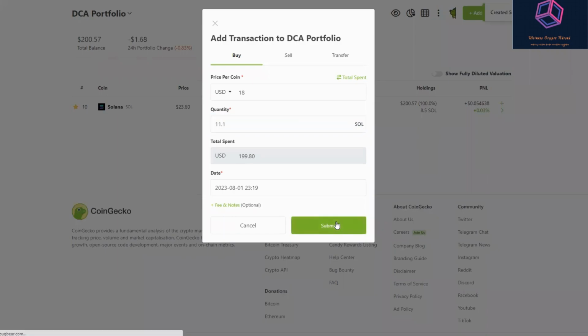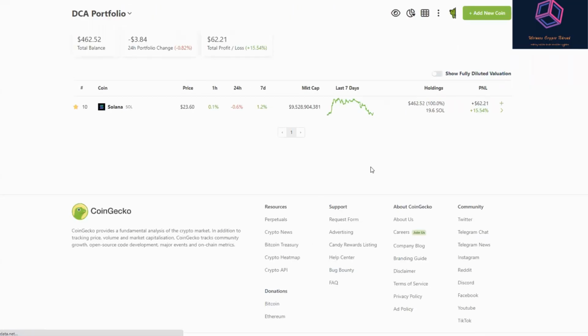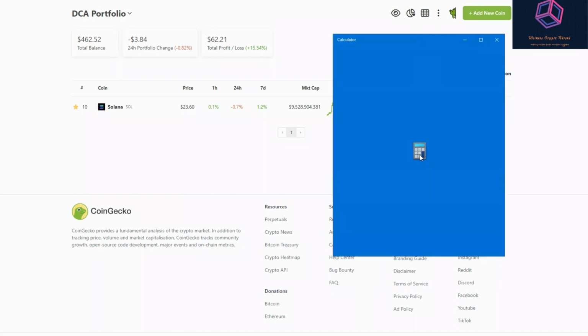Yeah. So now the average price becomes, as this is showing you the current price, right? Now your average price, as you guys can see, if you do the average of both prices, you can clearly see that your average has been reduced. So if you look at 23.60, we can have a calculator in front of us, and we can do that, right?